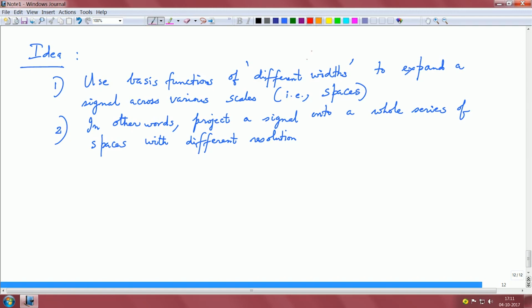I think this is very important. Different resolution, basis functions of different widths, expanding a signal, right, and possibly projecting a signal onto a whole series of spaces. So these are the ideas.